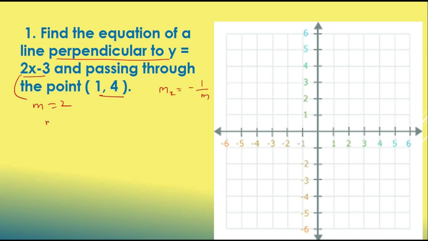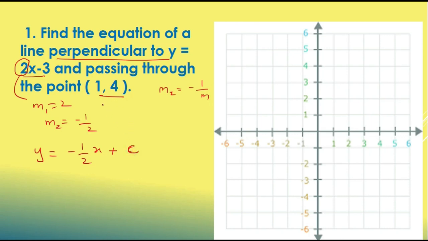For the second line, m2 will be minus 1 over 2. So the expected line is y is equal to minus 1 over 2 x plus c. It changes in slope. Slope is inverted with opposite sign. Okay, so when you know slope 1, find the slope 2 this way, and you need to find only the y-intercept.